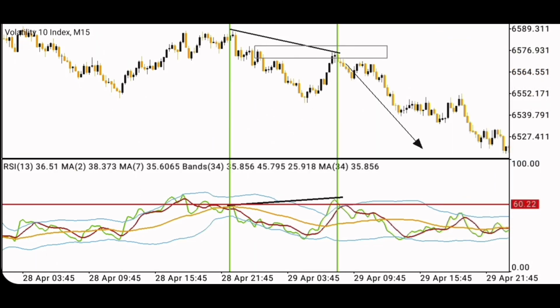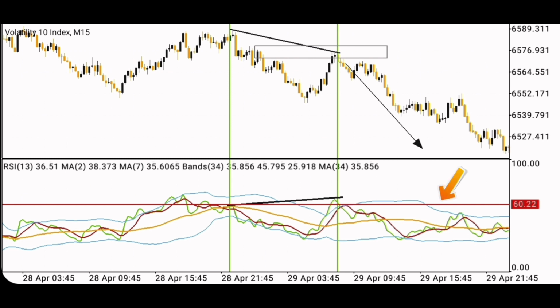Now on to our sell scenario on volatility 10, V10. You can see that we have all the requirements met right there. First, we have price retracing back to our Fibonacci gold zone. Second, we have the green moving average moving outside of the band. Third, we have the green moving average crossing above the red line.